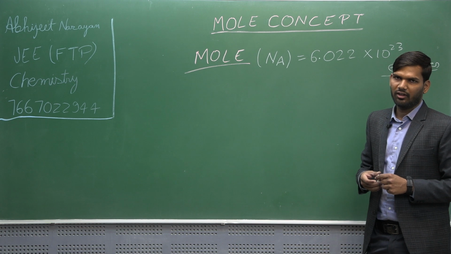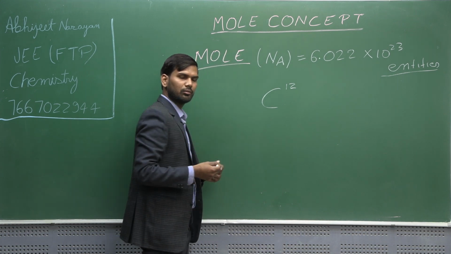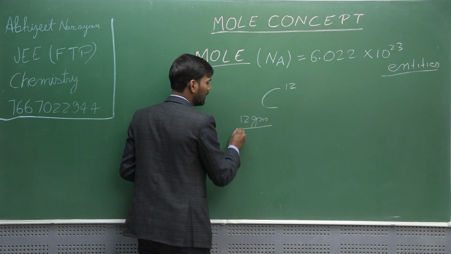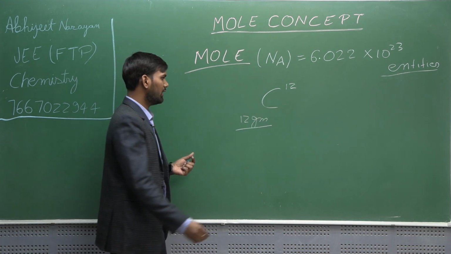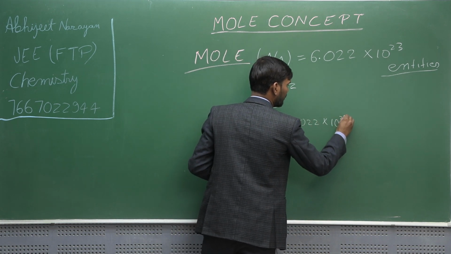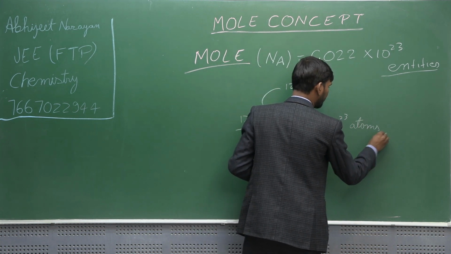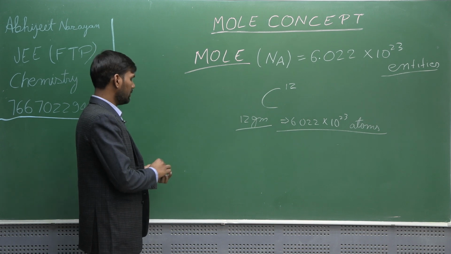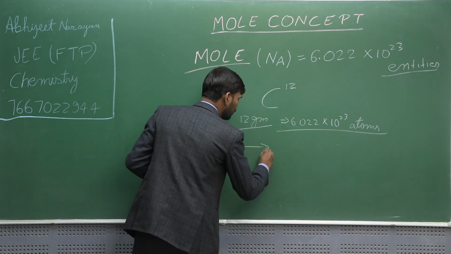So when we take 12 gram of carbon C12, mostly found in our environment, and measure the number of atoms present in this carbon, we get a number equal to 6.022 into 10 to power 23. So we denote this number as 1 mole.